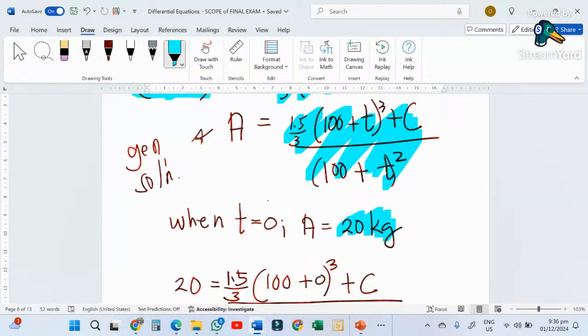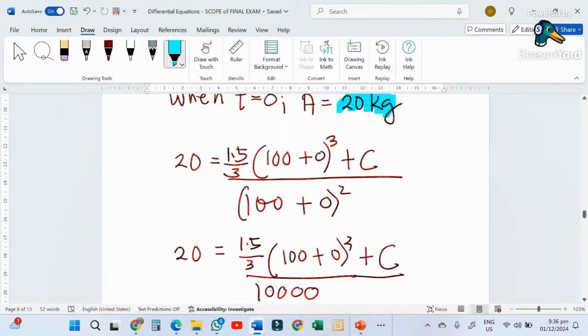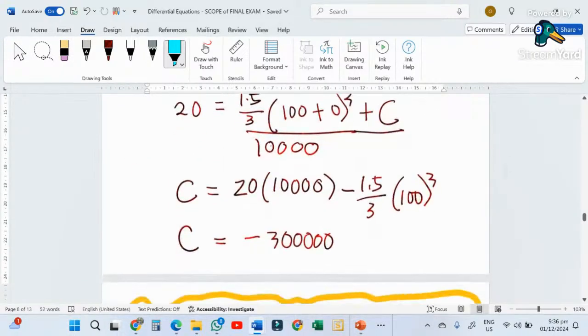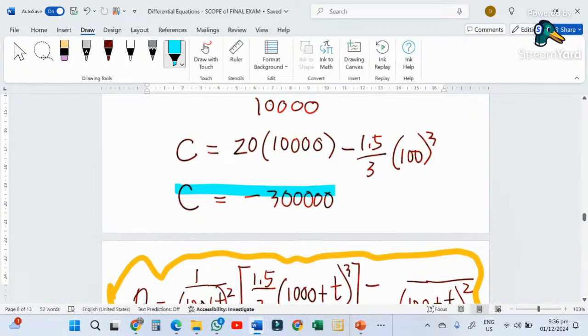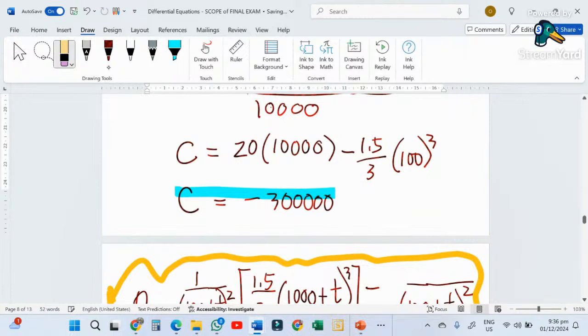So we need to get the value of C here so we can have a particular solution, where C is already substituted with a definite number. So the initial conditions would be t equal to 0 and A equal to 20 kilograms. We substitute it here in our general equation, and we will get C equal to negative 300,000.